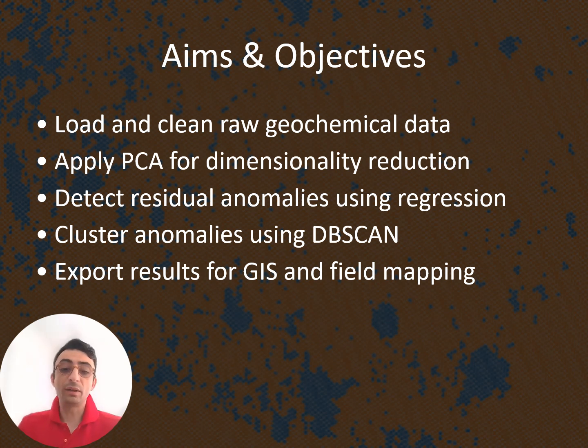Then we'll use regression and residuals to isolate unexpected geochemical behaviors, and finally cluster those anomalies with DBSCAN. Plot the maps and export the results for use in GIS, all inside a reproducible Jupyter notebook.